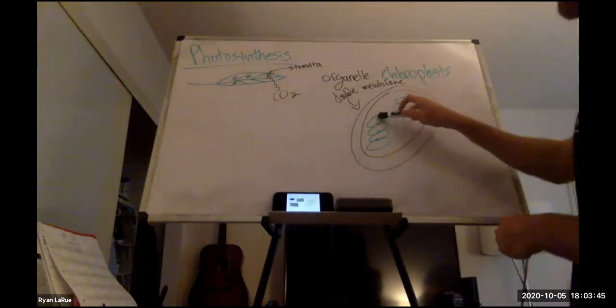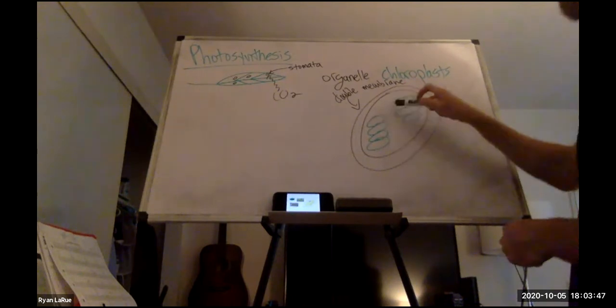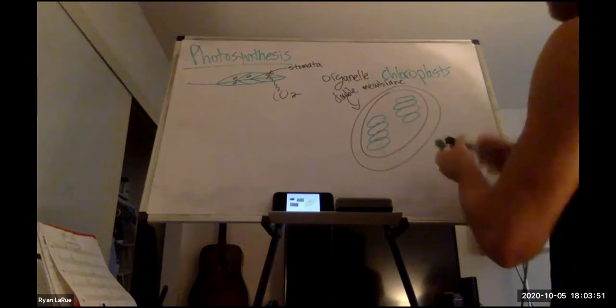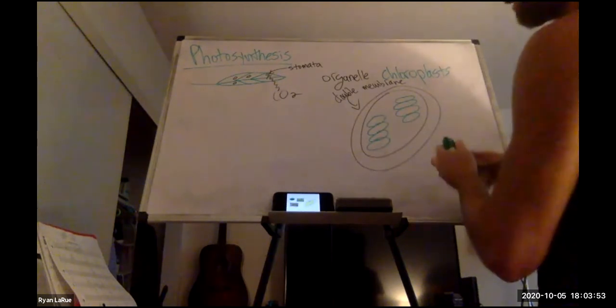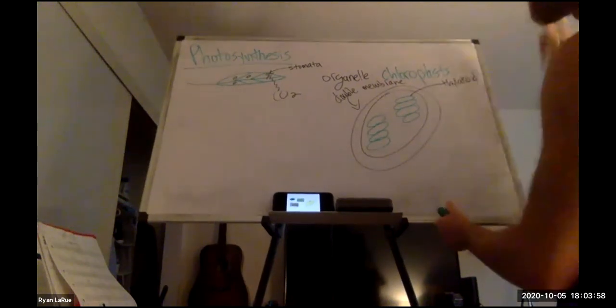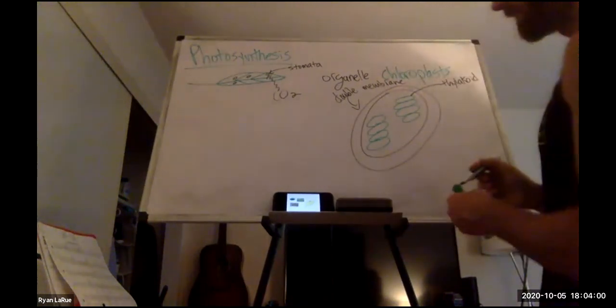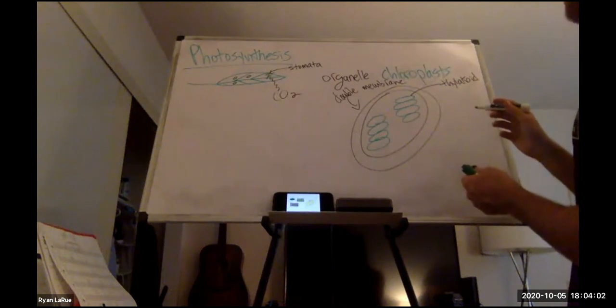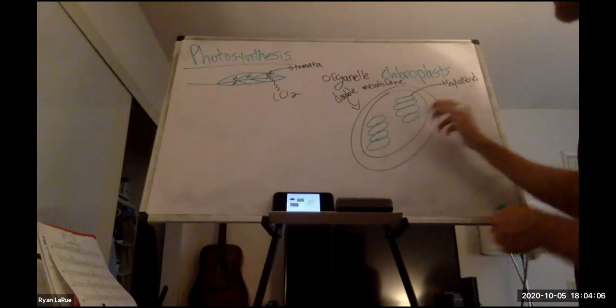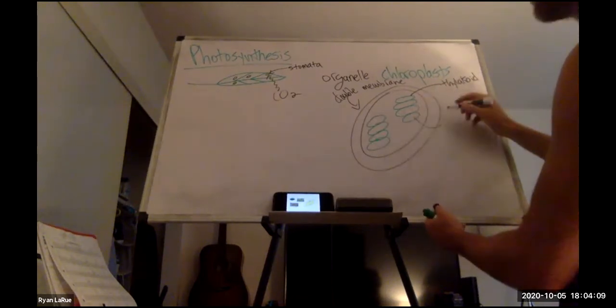So each individual membrane sac in these stacks is called a thylakoid. So this is a thylakoid. The inside of the membrane sac is called the thylakoid lumen.